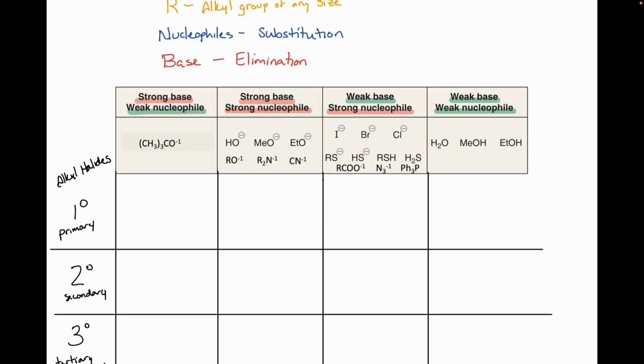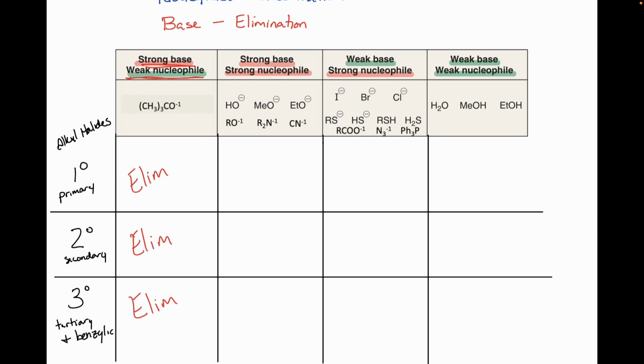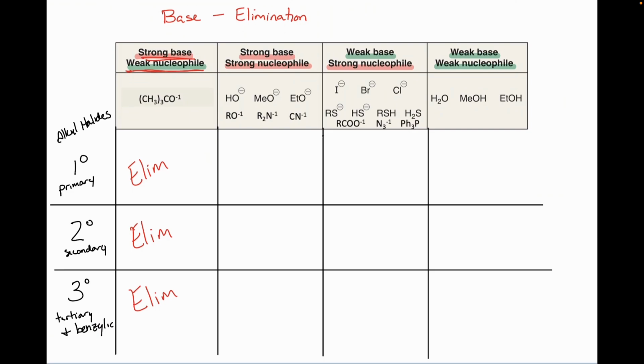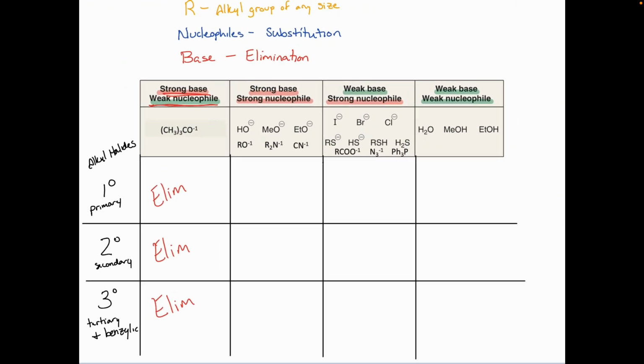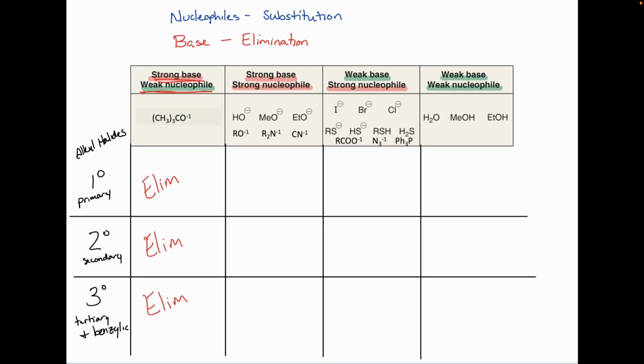So if something is a bad nucleophile but a strong base, then it's going to prefer elimination reactions across the board. Doesn't matter what category it's in, it's going to want to do an elimination reaction because it's a strong base but a bad nucleophile. Again, bases will promote elimination reactions, nucleophiles will promote substitution reactions.